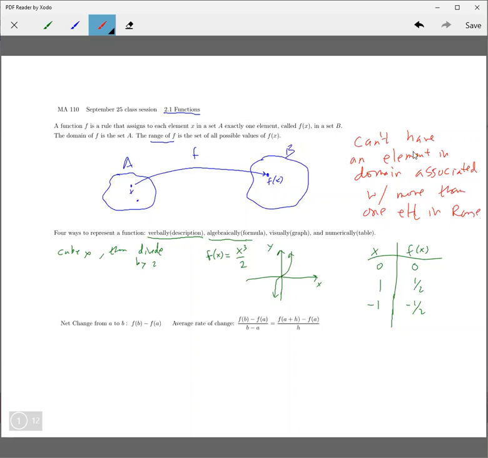Okay, so if you have that, then it's not a function. So each element here has to be associated with exactly 1. You can, however, have 2 elements here be associated with the same element over here. That can happen.